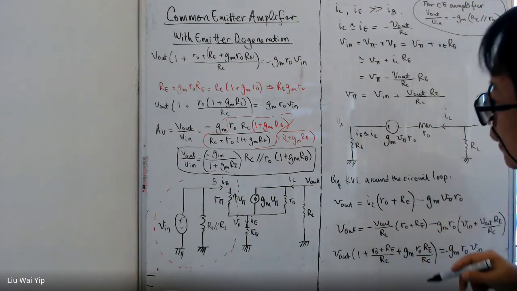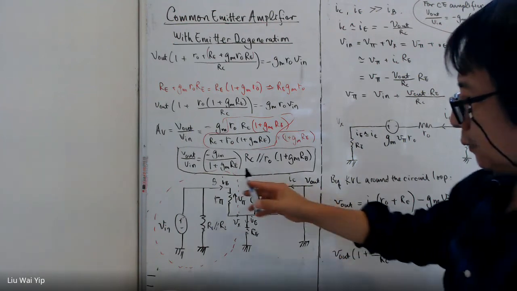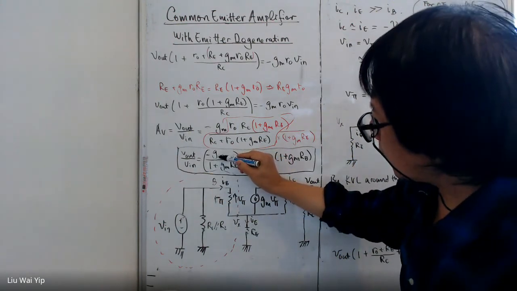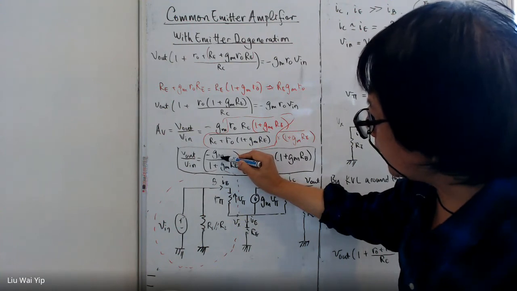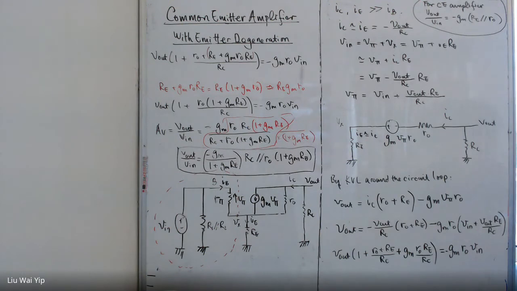But now there are a few things we need to learn. First, the transconductance here. The transconductance is the current produced as a result of the input voltage change.